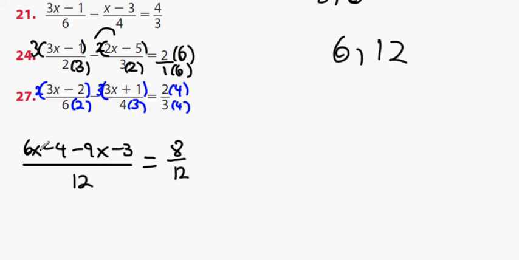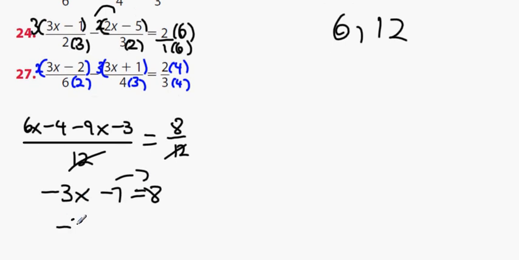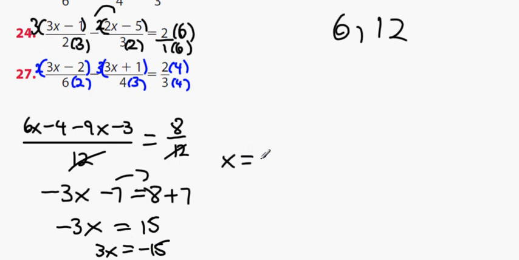Next thing we're going to get is 6x minus 9x, the 12's cancel. 6x minus 9x is minus 3x, minus 3x minus 7 equals 8. Bring it over, minus 3x equals 8 plus 7, 15. Multiply both sides by minus 1, 3x equals minus 15, x equals minus 15 over 3, which is minus 5.